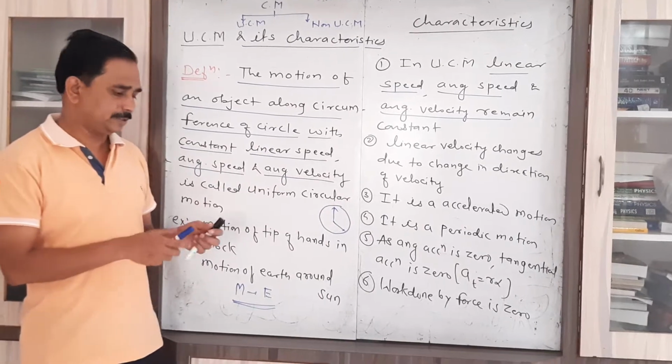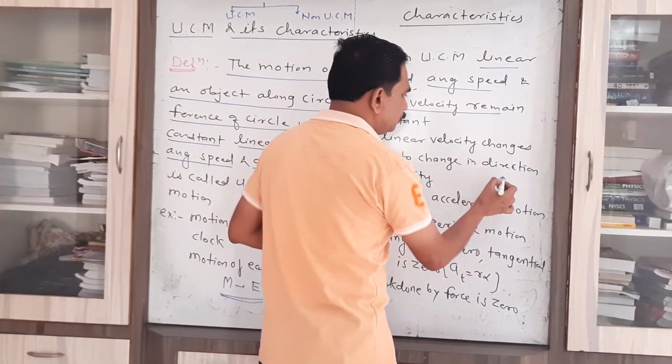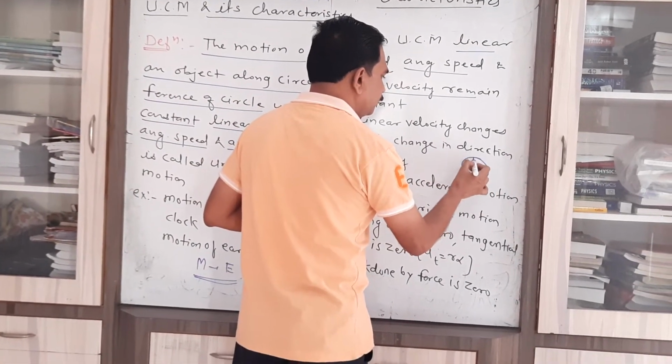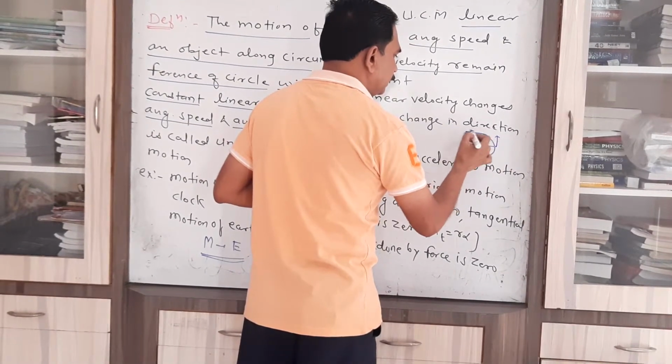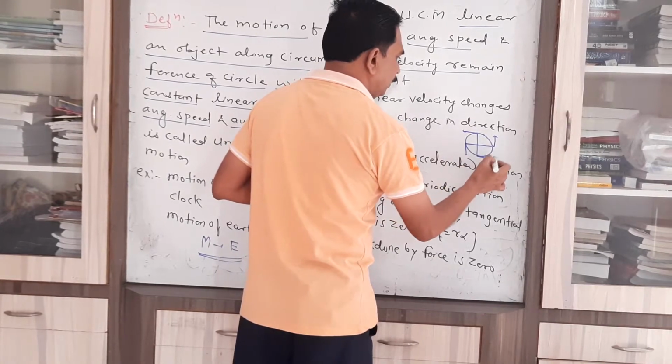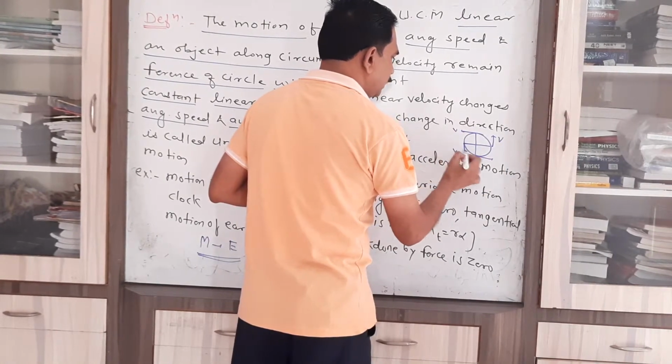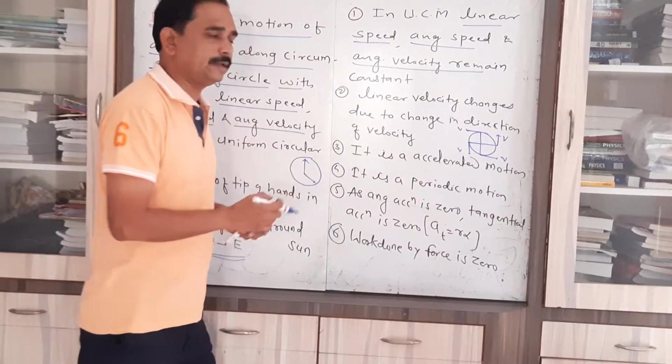The second characteristic: as the particle moves from one position to another position, the direction of velocity, that is the linear velocity, changes continuously.